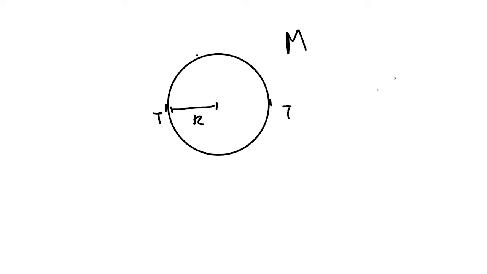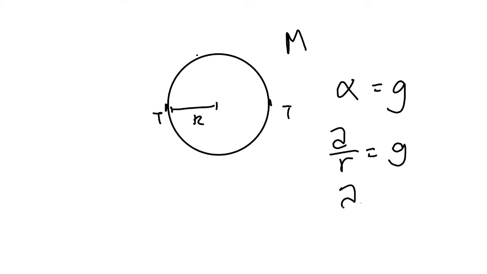So that means our angular acceleration is going to be equal to g. With this, we can say that a divided by r equals g, which means that our acceleration is going to be equal to gr.